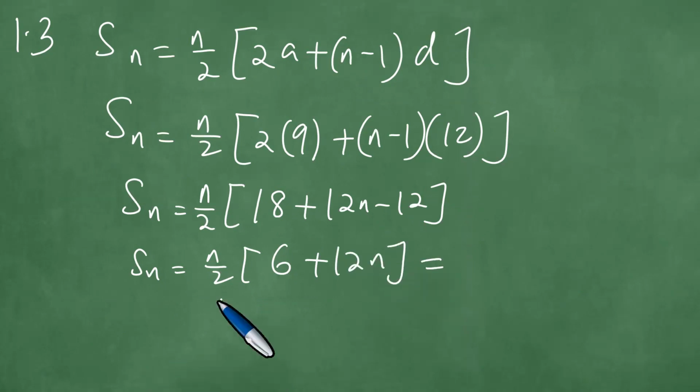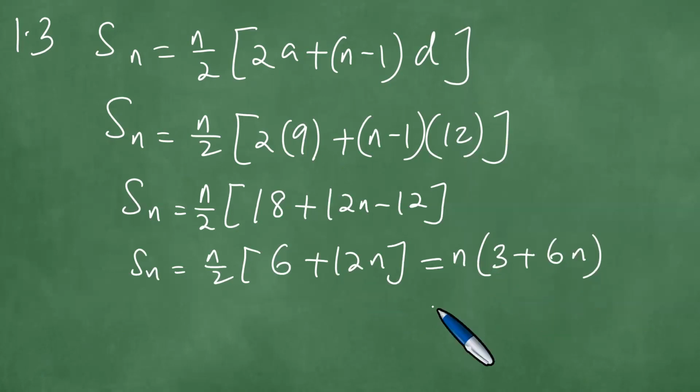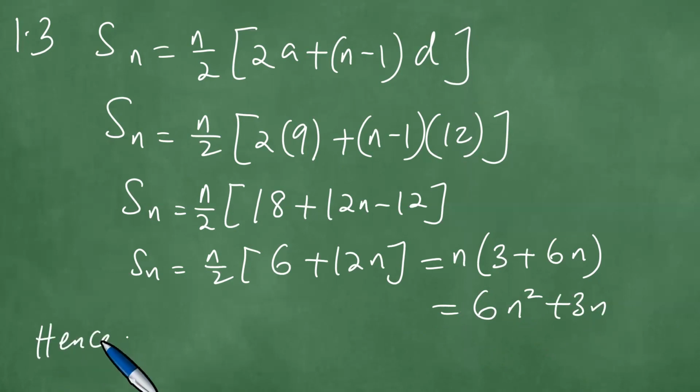You divide 6 by 2, you get 3. Divide 12 by 2, you get 6. You multiply it through by n and get 6n squared plus 3n. And hence, the conclusion is that Sn equals 6n squared plus 3n.